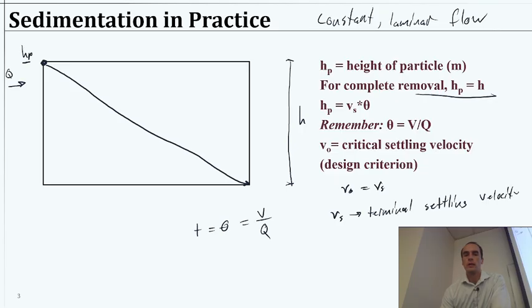This is what we derived last time. So we can say Vs is equal to g times rho of the particle minus rho of the water times diameter of the particle squared over 18 mu.